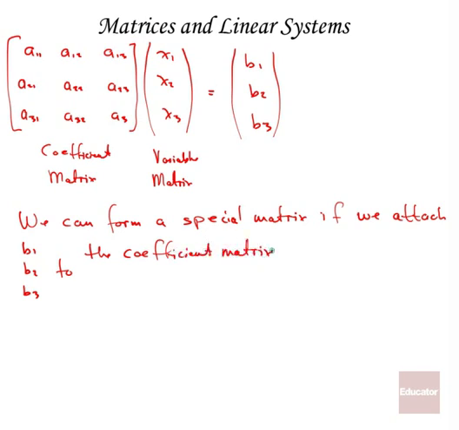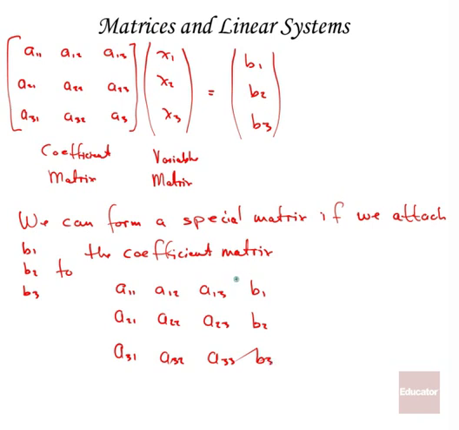Okay, now we're going to write this out one more time. So I'm going to take this thing and I'm going to add it as another column to this matrix. So I end up with A11, A12, A13, B1, A21, A22, A23, B2, A31, A32, A33, B3.